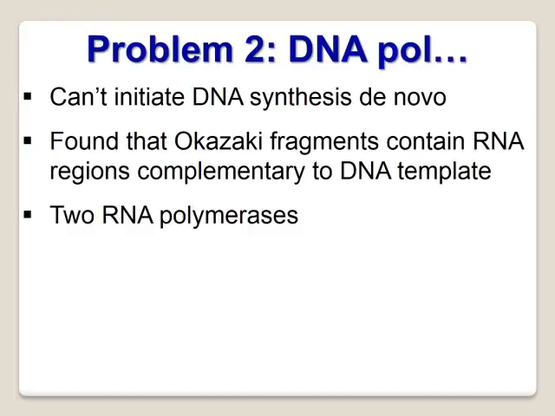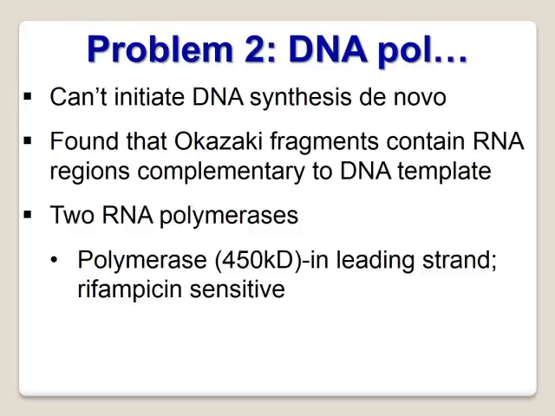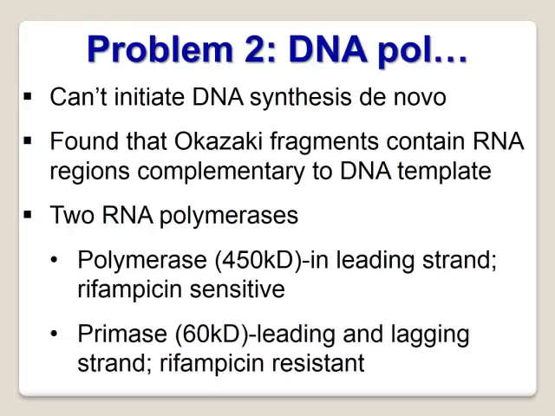enzymes. There are actually 2 RNA polymerases that generate primers. One of them is a large one, RNA polymerase, and we can call it DNA-dependent RNA polymerase. It is large, 450 kilodalton. It is responsible for generating RNA primer in the leading strand.